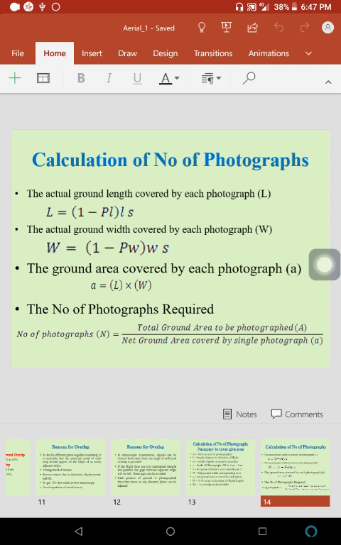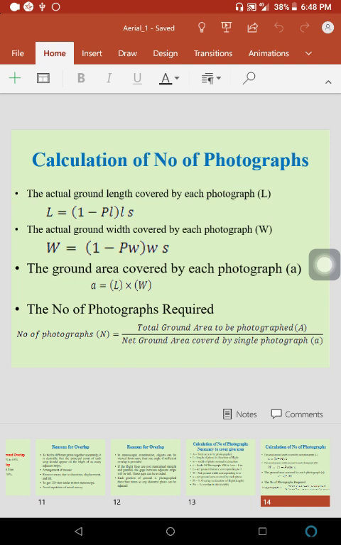Suppose the percentage of the overlap is 60%, then the value of PL will be 0.6. That is, the net ground covered by the single photograph will be only 0.4 of the length of the photograph. So (1 minus PL) into l, the length of the photograph, and S is the scale of the photograph, that is 1 centimeter is equal to S meters. Using this equation you can find out the actual ground length covered by a single photograph.